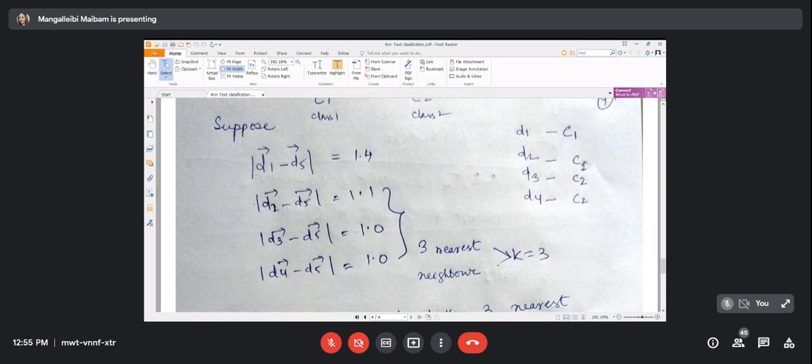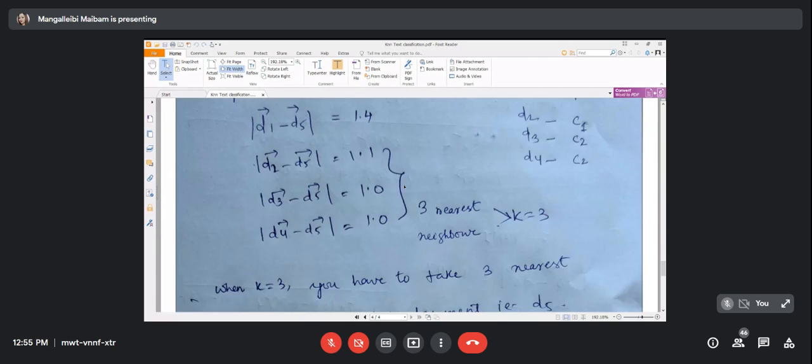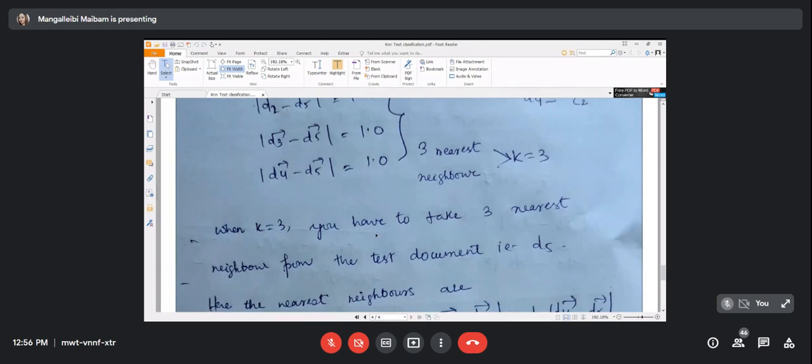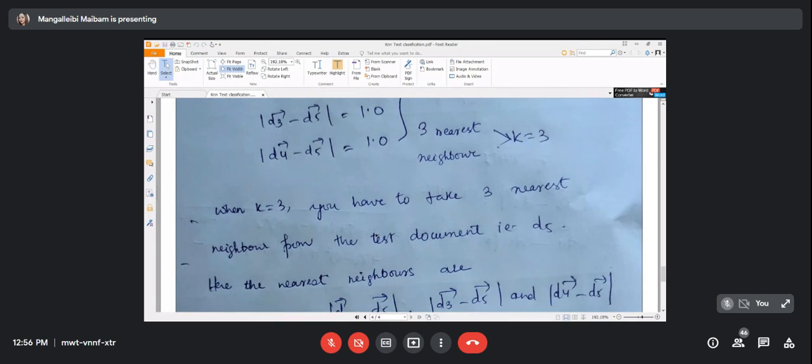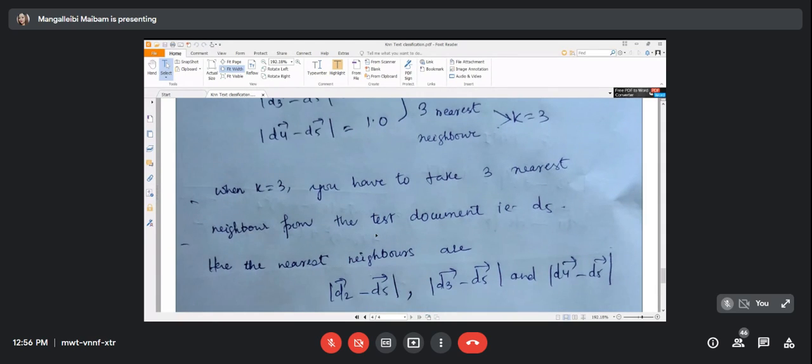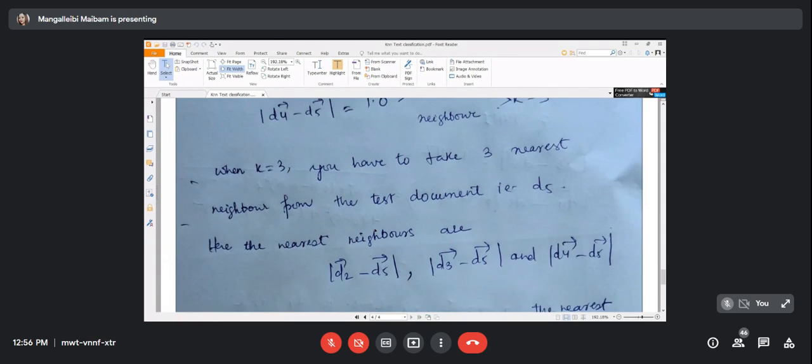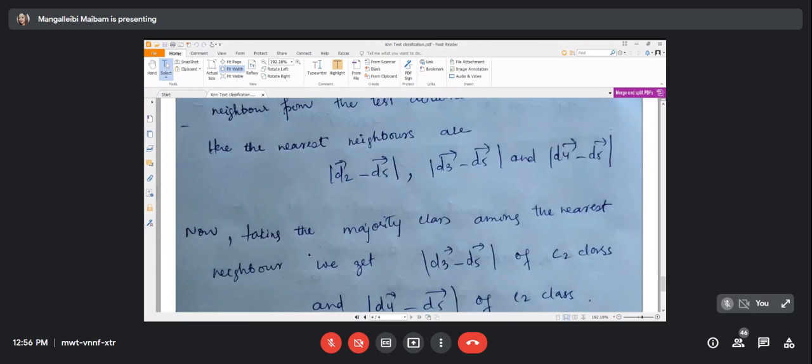When k equal to 3, that means we have to take the 3 nearest neighbor values. You can see here, 1.1, 1.0, 1.0 are the 3 nearest neighbors. After taking these 3 nearest neighbors, we have to take the majority among them.